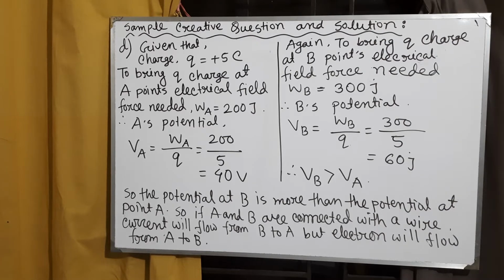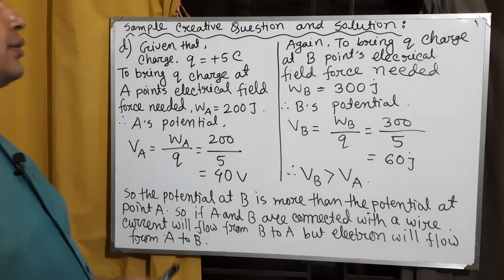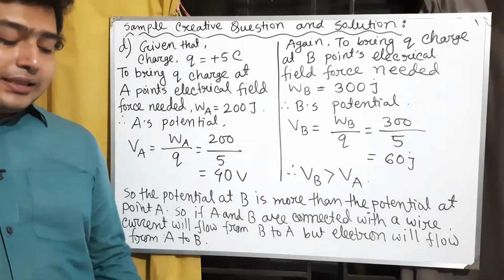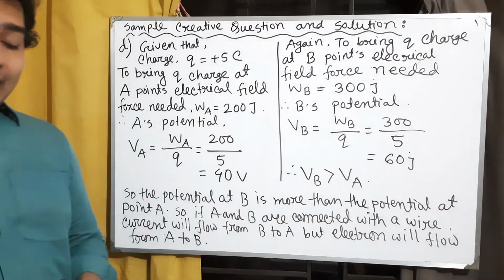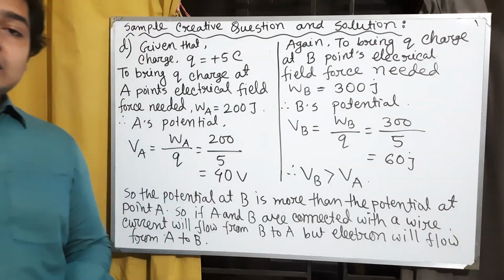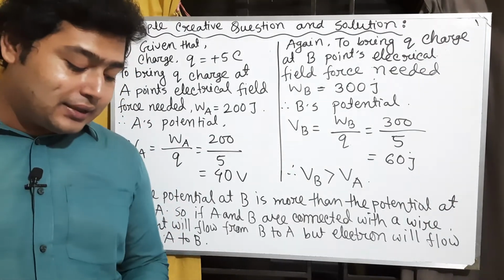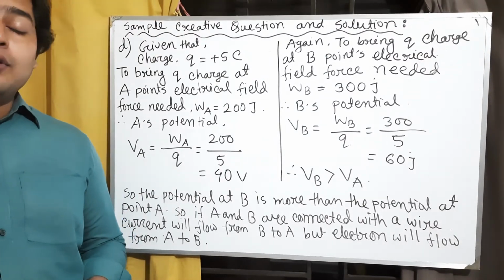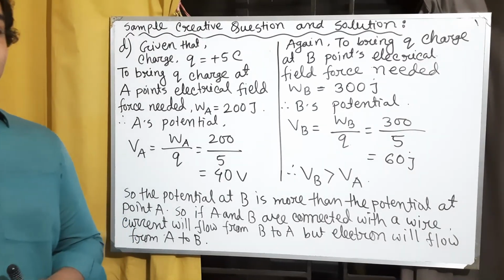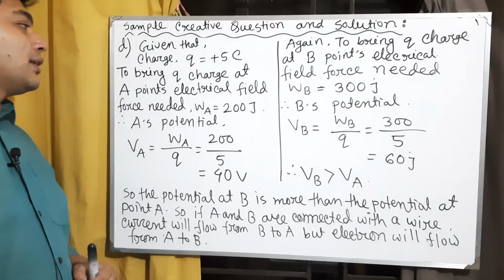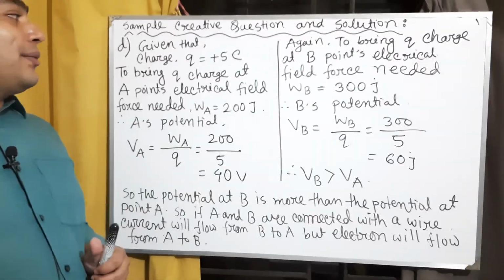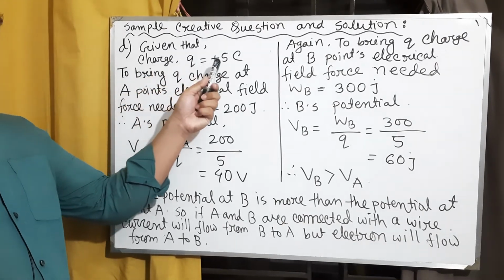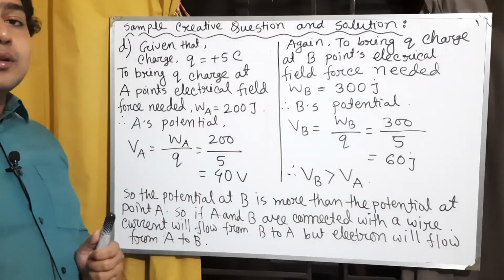Now, we will calculate question number D. Here, the question is, if A and B are connected with a wire, explain the direction of electron flow mathematically. So, my dear boys, in the stem we are given an external charge Q equal to +5 coulomb.